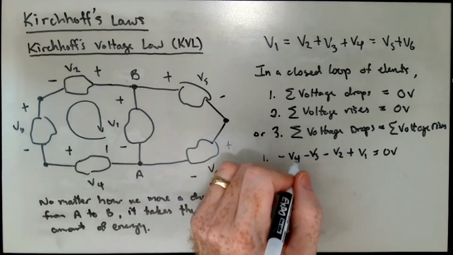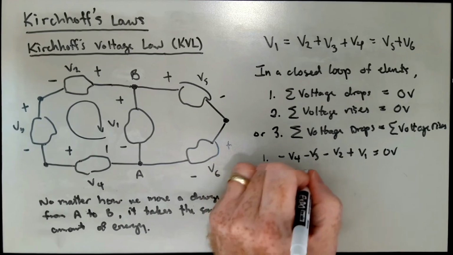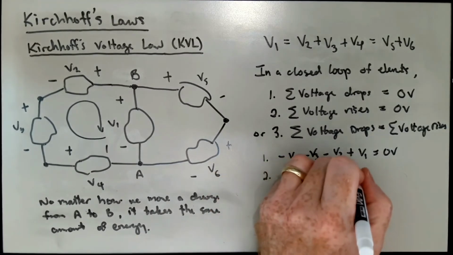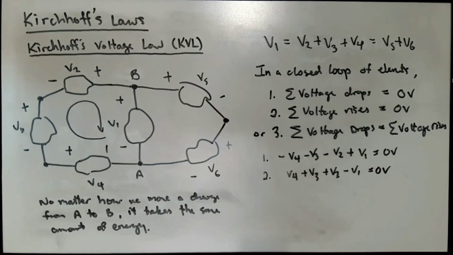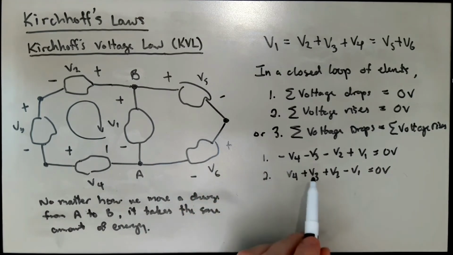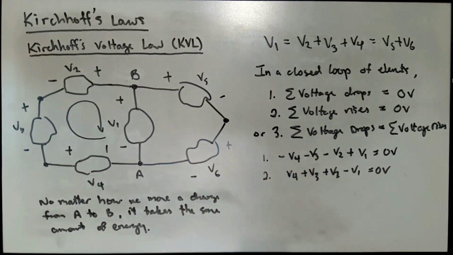And so in the second way of writing it, we would have V4 plus V3 plus V2 minus V1 equals 0 volts. And of course, these two are identical equations. It's just a matter of having transposed everything to the other side of the equation. Right? So it's fairly trivial, but these are just different ways of expressing the same idea.